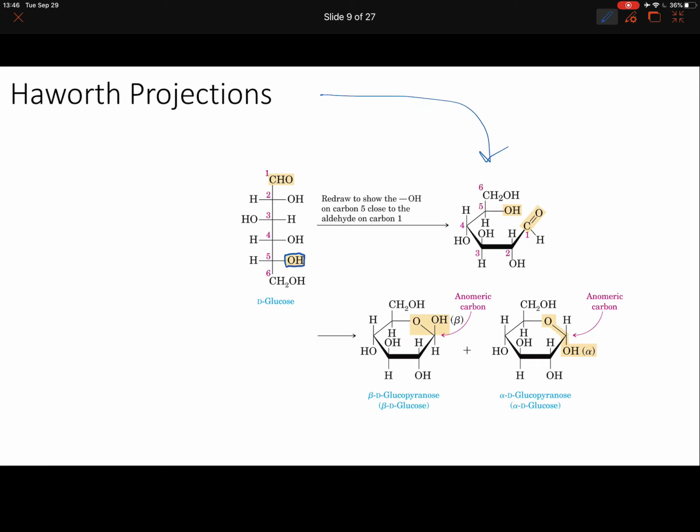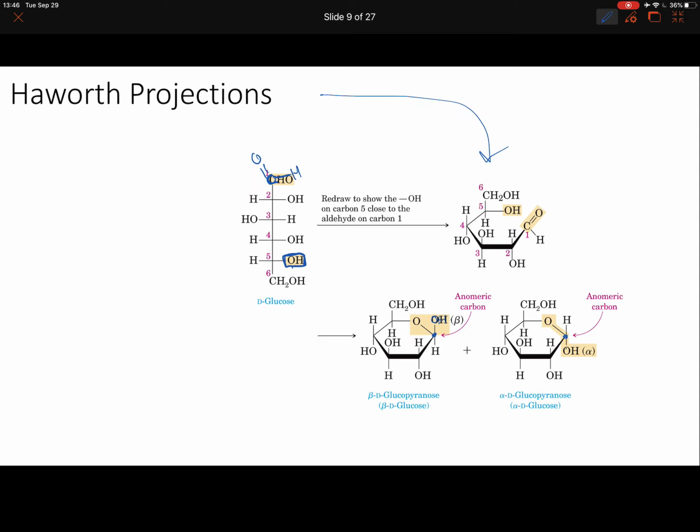So the number 5 hydroxyl will form a bond with that carbonyl carbon of the ring. The ring will close, and we're going to get 2 what we'll call hemiacetals. One hemiacetal forms with the OH in an up position.